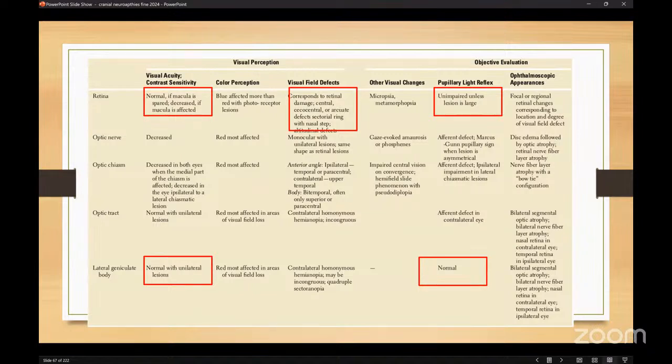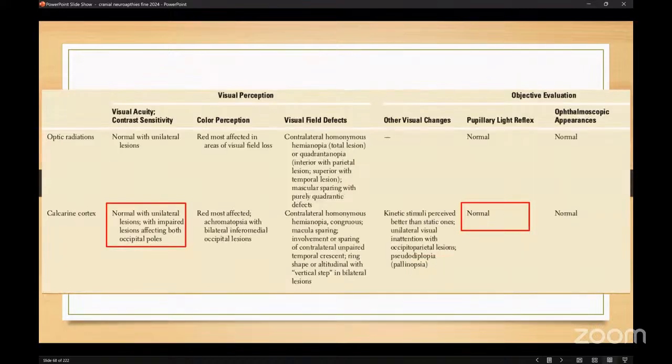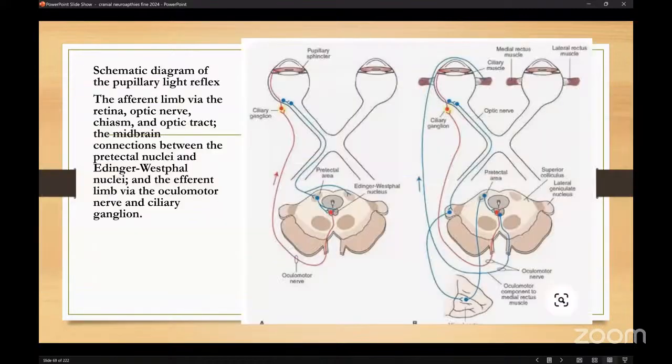Pupillary light reflex is also only impaired at the level of the optic nerve or at the max at the chiasma. After that, the pupillary light reflex remains okay. In retina, it is blue light perception that is affected. In the rest of the lesions, it is red perception that is affected. And the congruent and incongruent hemianopia is also very important to know.